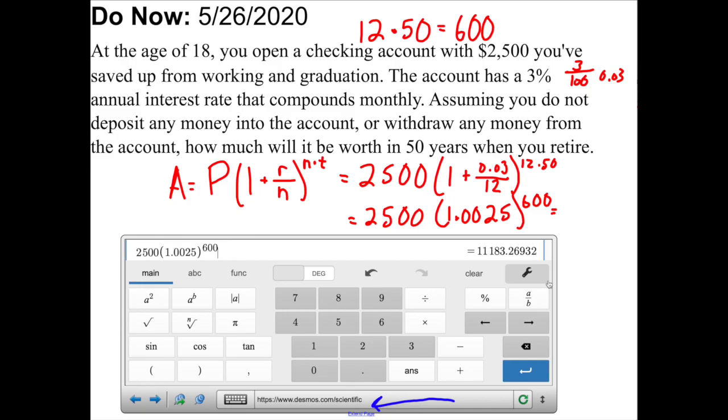So the final answer is, assuming you put absolutely no money in at all, you're looking at least $11,183.27, assuming you put no additional money in at all.